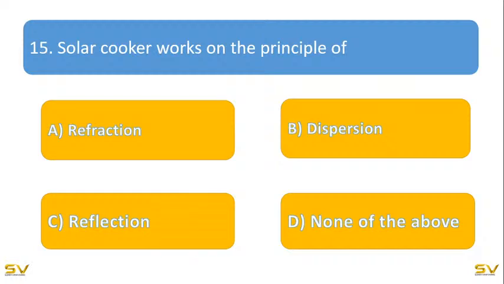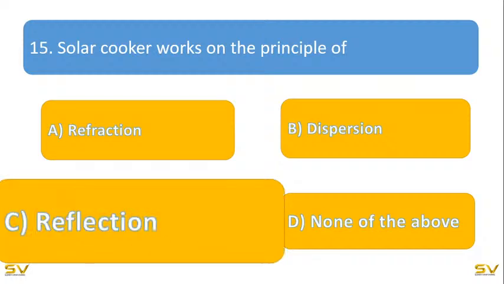It's reflection, because the cooker is built in such a way that the light which falls gets reflected, and all the reflected light falls on a focus. The focus is a place where the bowl or a vessel is placed. So reflection is the correct answer.